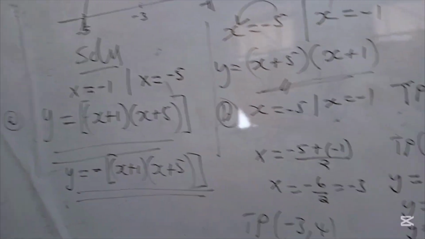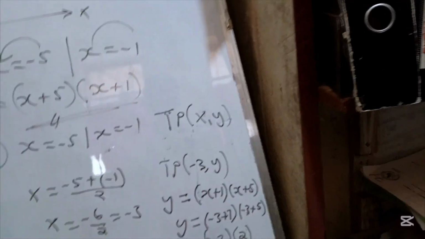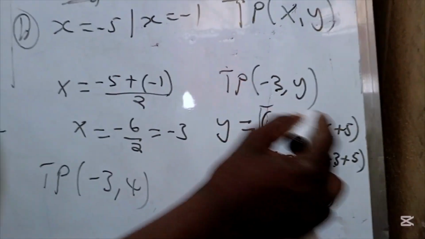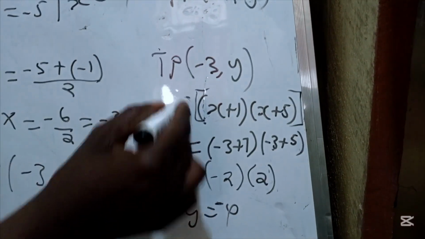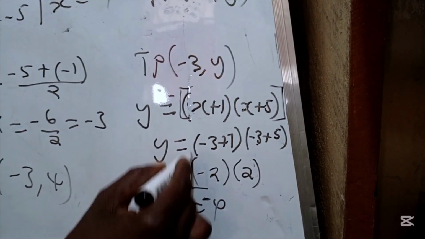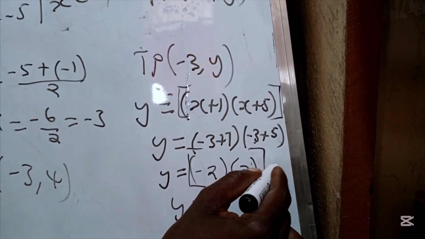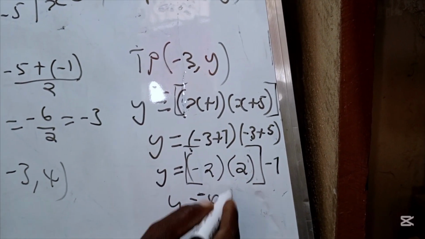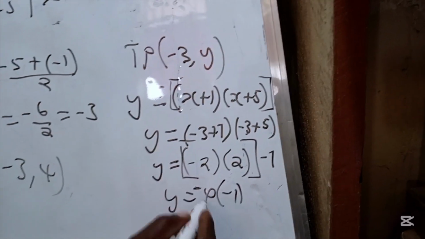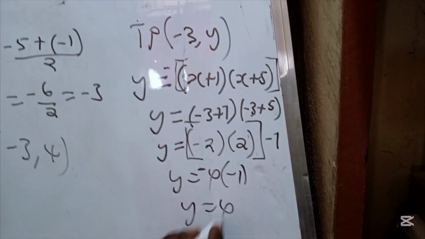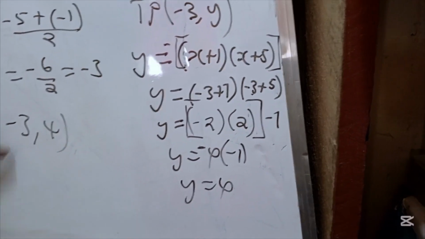Because of that negative outside, it's just like I'm multiplying by -1. So this negative will multiply this, so that y becomes 4. This is where this 4 is coming from.